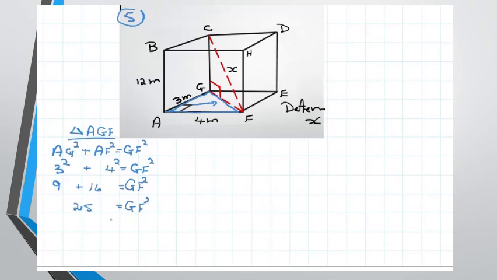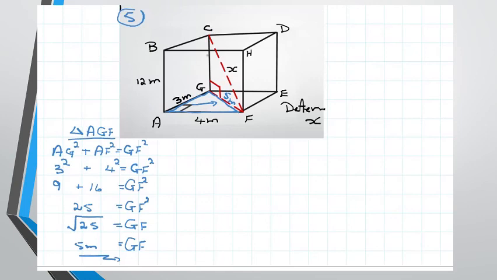Remove the square on the right, therefore I'm going to have the square root of 25 on the left equals GF. So therefore GF is going to leave me a value of 5 meters. What do I normally do? I take it and I put it in immediately. So that fellow down there to be 5 meters.